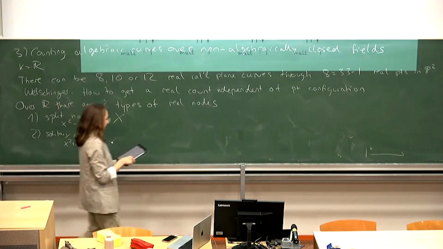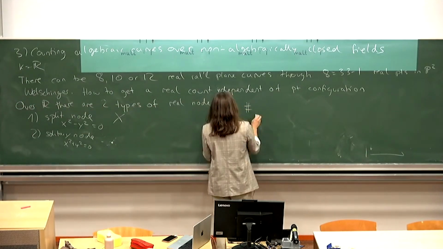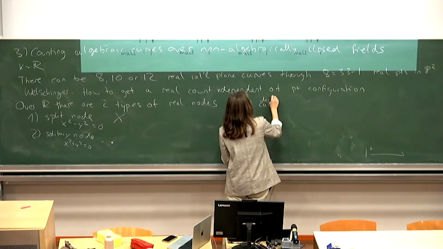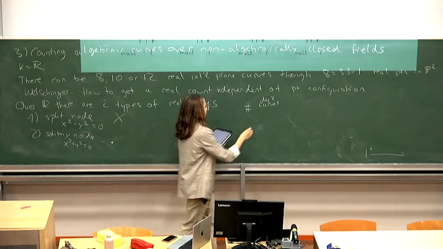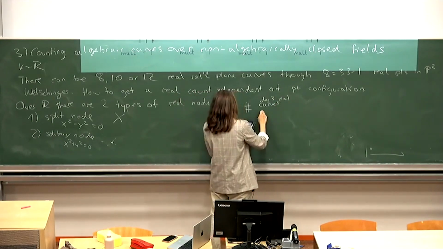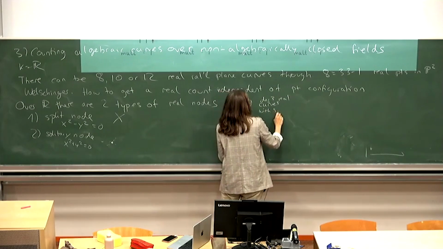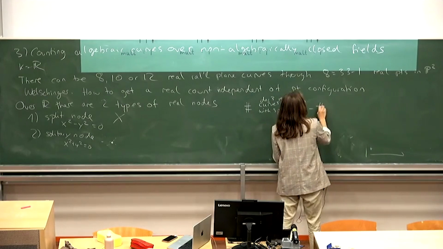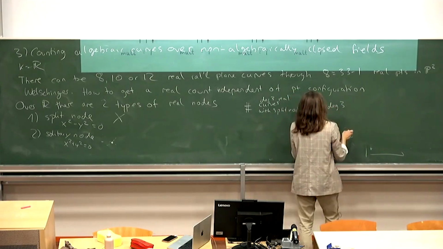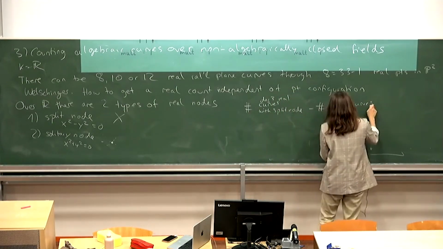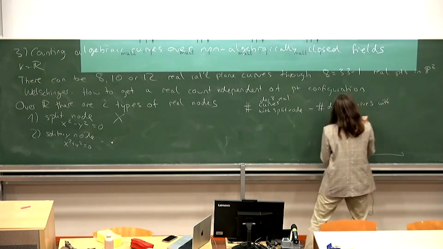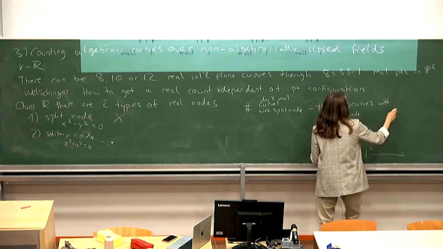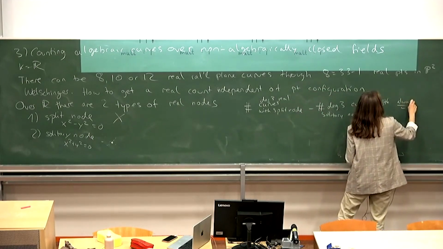And Grothendieck shows that the number of degree 3 rational plane real curves with the split node minus the number of degree 3 curves with a solitary node is always 8.